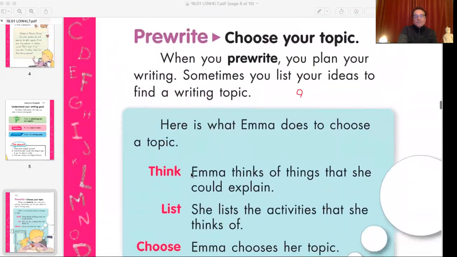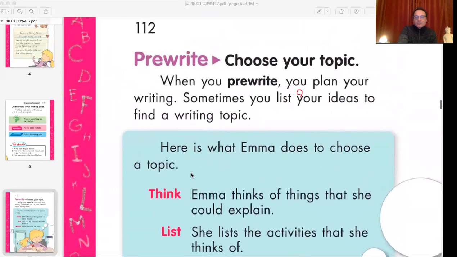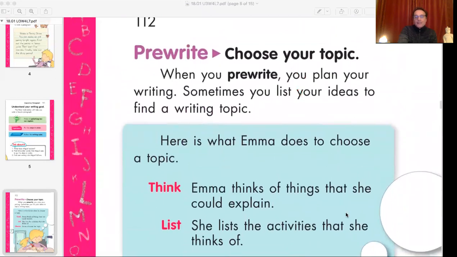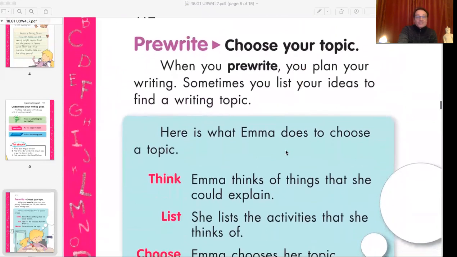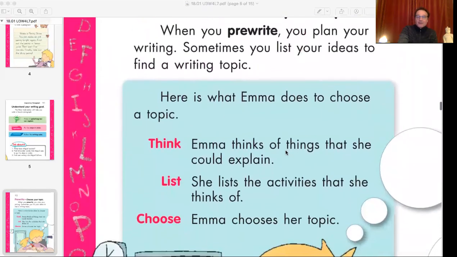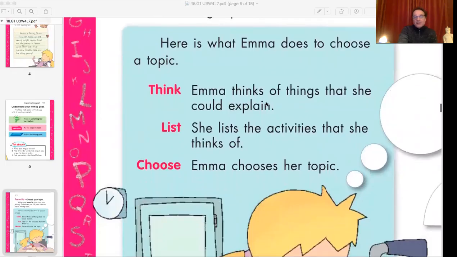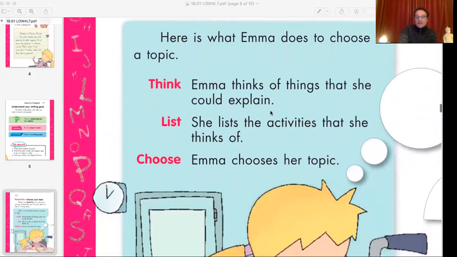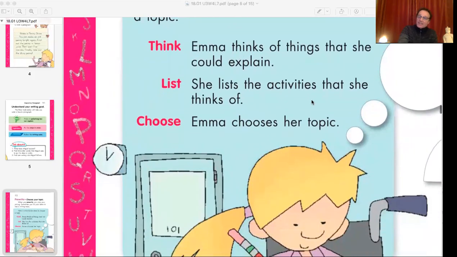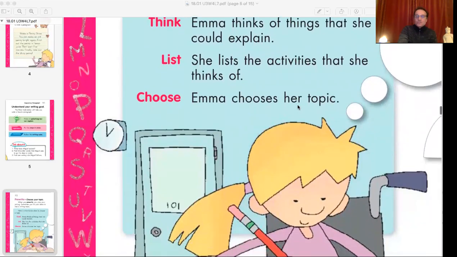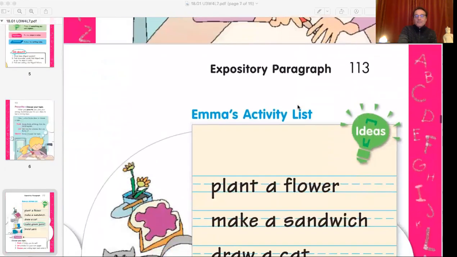So choose your topic, you plan your writing. Sometimes you list your ideas to find a writing topic. Here's what Emma does. Emma thinks of things that she could explain, and she lists activities that she thinks of. Emma chooses her topic. Let's see what Emma writes about.